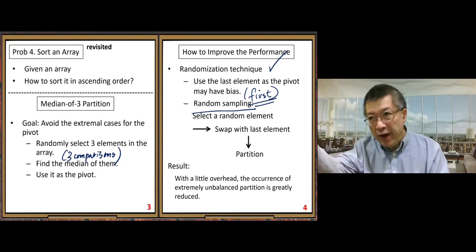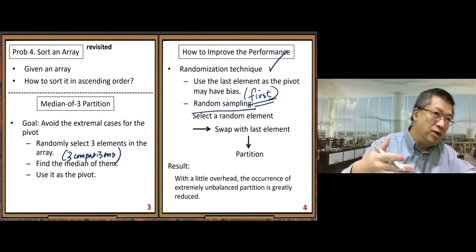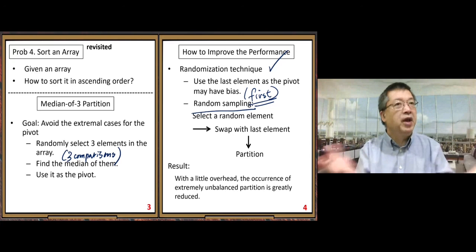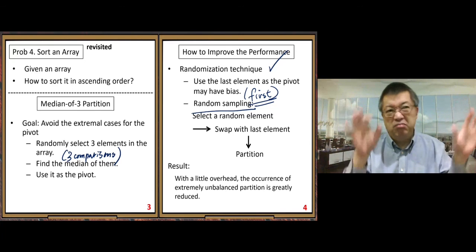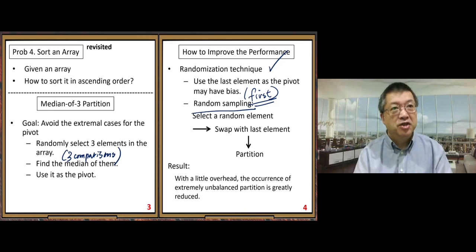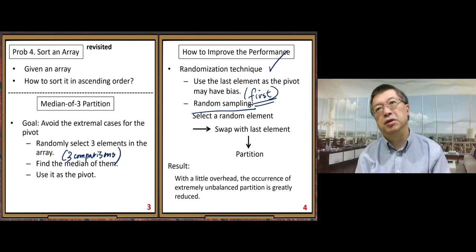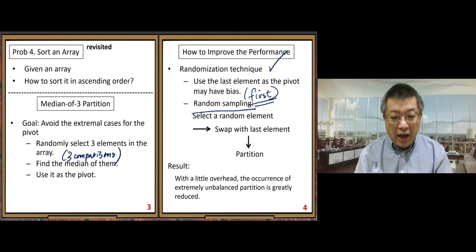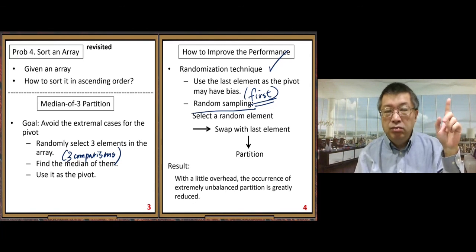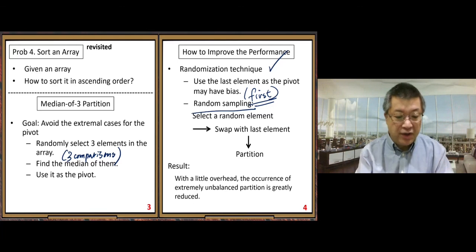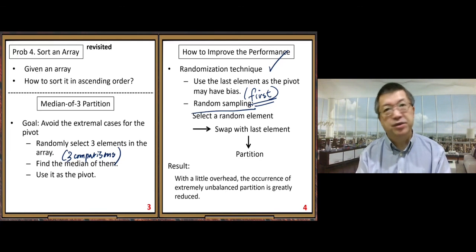You need to pay more overhead. You get a little better performance. But if you put them together, the overall performance is almost the same. Sometimes this one better, sometimes that one better. Yeah. And the original Quicksort may not be worse than these two, because these two pay more in the overhead part. So the original may not be worse.